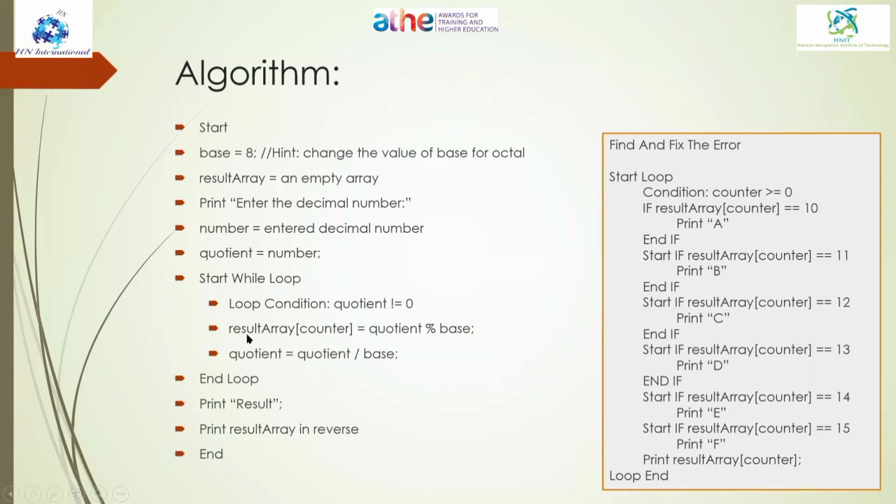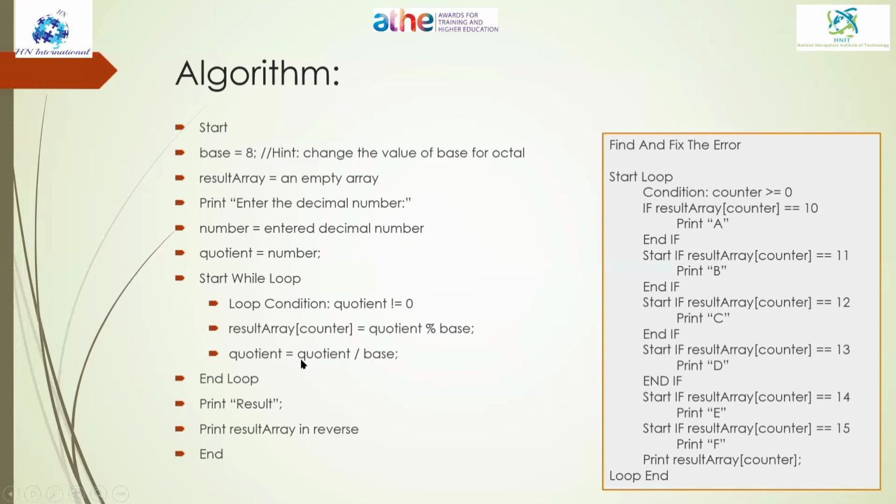Here we are storing the results into the result array. See the counter here. We cannot just keep appending to the array. We need to tell the array at which point it should store the result.